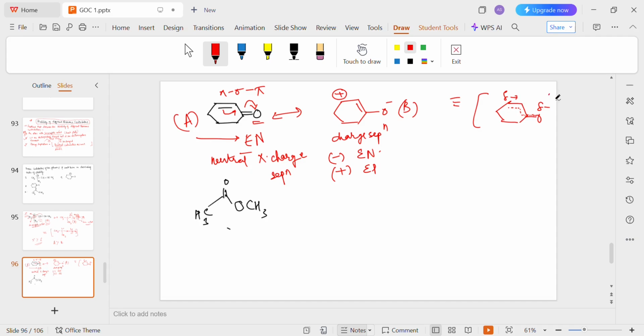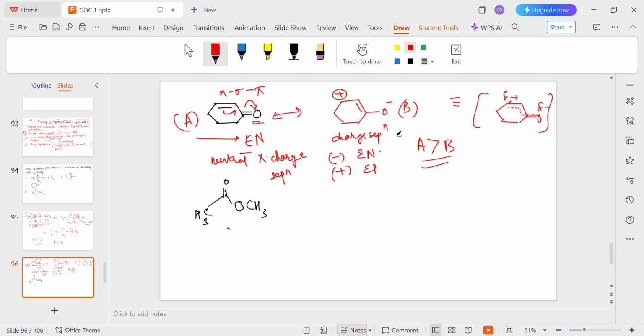So out of A and B, which one will be more stable contributor and whose contribution will be higher in the hybrid? Let us try to answer this question. I have already written B structure has charge separation, A structure is neutral and uncharged. So of course A structure will be more stable than B and the contribution of A will be higher in the hybrid than B.